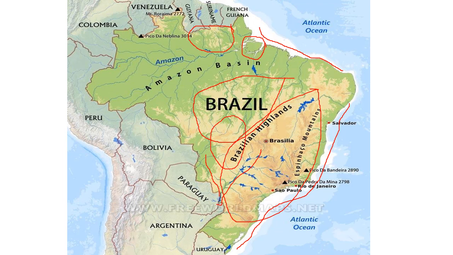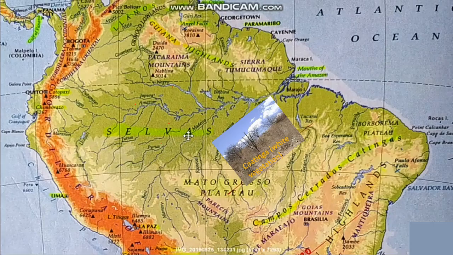We'll see that in detail. This portion we call selvas, which means dense equatorial forest, especially in the Amazon basin, characterized by tall, broad-leaved evergreen trees.